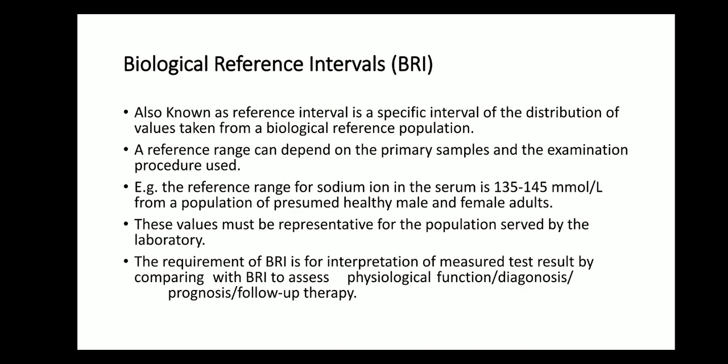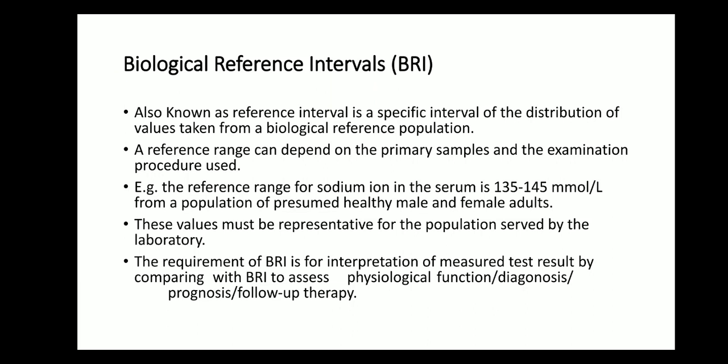If continuously the measured value of the QC is out of range, we should not dispatch the results that day. We have to calibrate, rerun the QC, then rerun the samples also, and then dispatch the report.